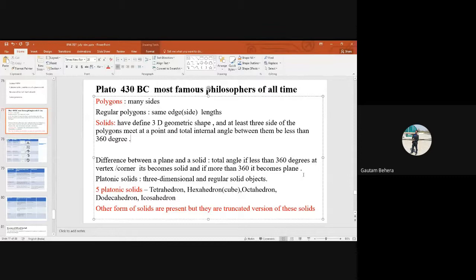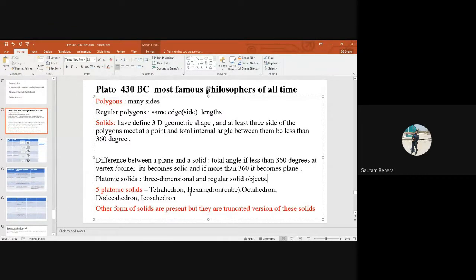Then Platonic solids. As I told you, Plato is a philosopher. You can call him a very good researcher, who studied a lot about the geometry of solids. According to him, we have 5 Platonic solids, 3-dimensional and regular solid objects. So what are those 5 Platonic solids?